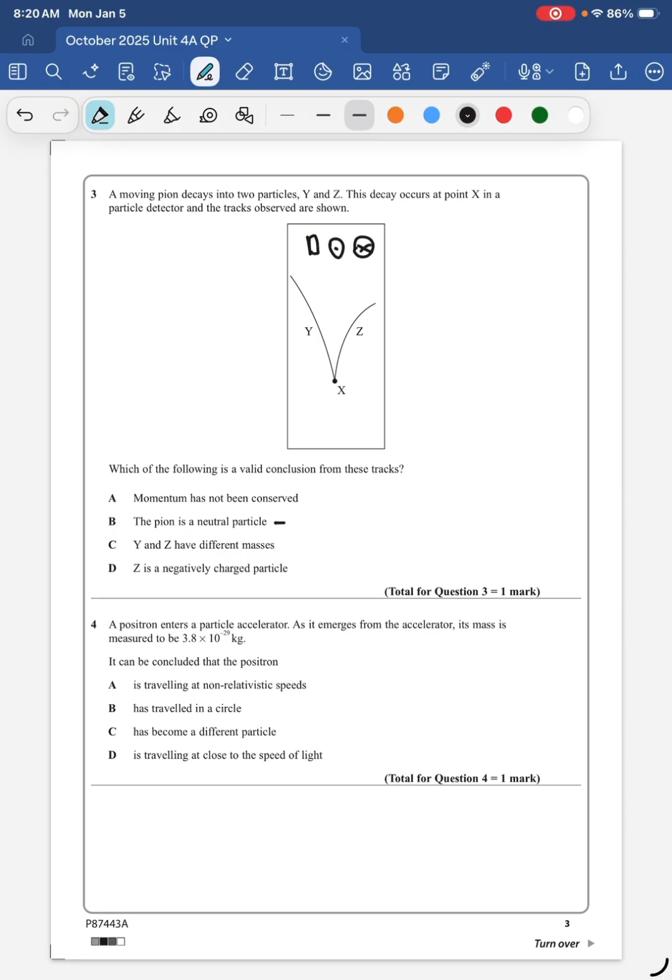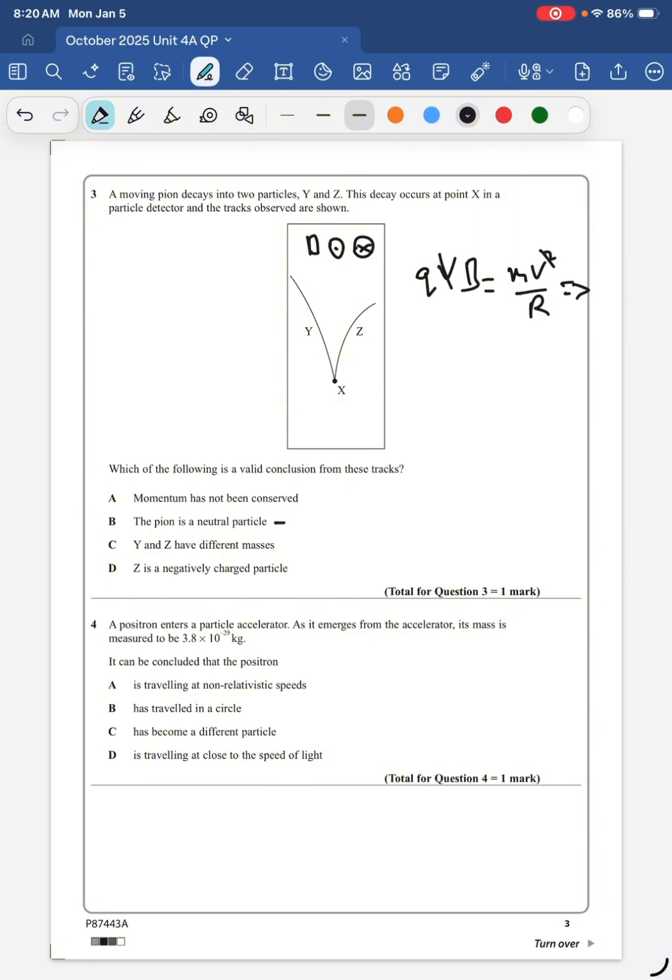A charged particle in a magnetic field undergoes circular motion with the centripetal force being QVB, and this is equal to mv squared over r, where r is the radius of curvature.